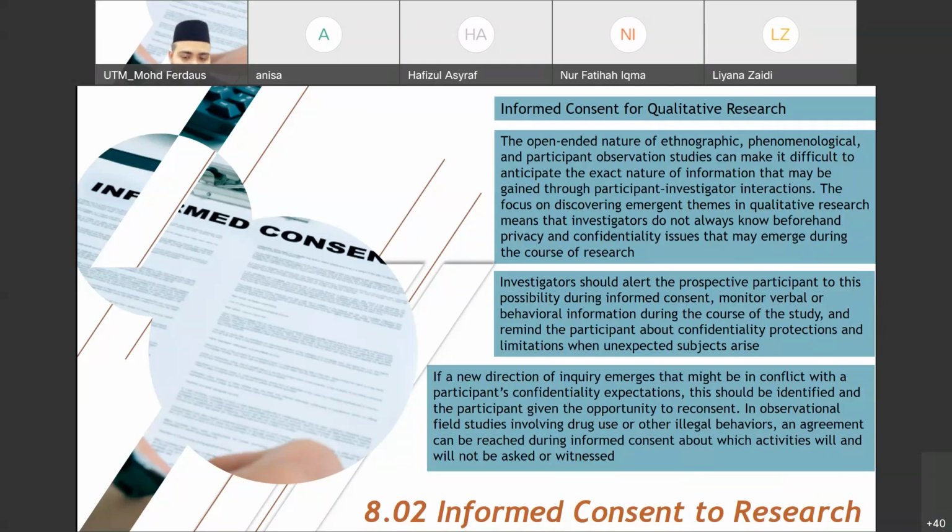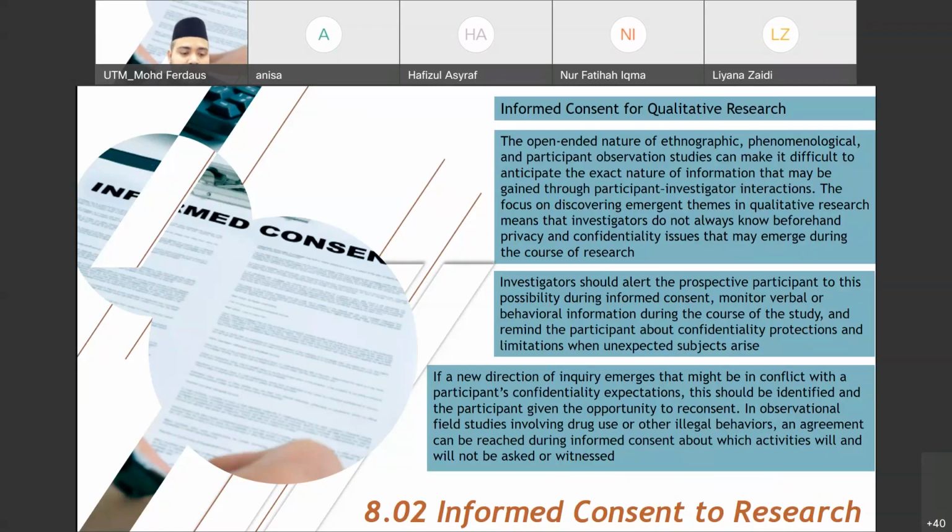So you need to inform them that there is some personal information that you are not interested in. But when explaining the husband and wife relationship, some sensitive information comes out. At that particular time, as an interviewer, you need to inform your interviewee, your informant, that that information should not be explained to you.